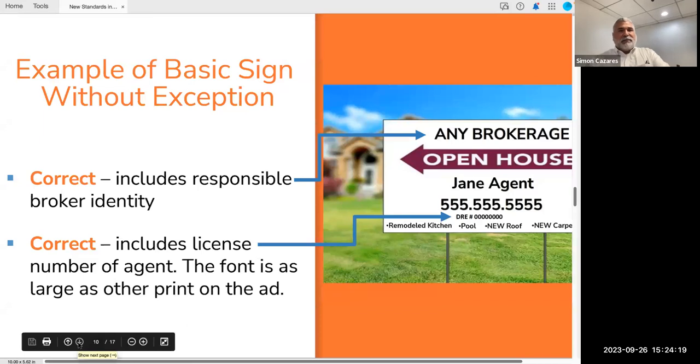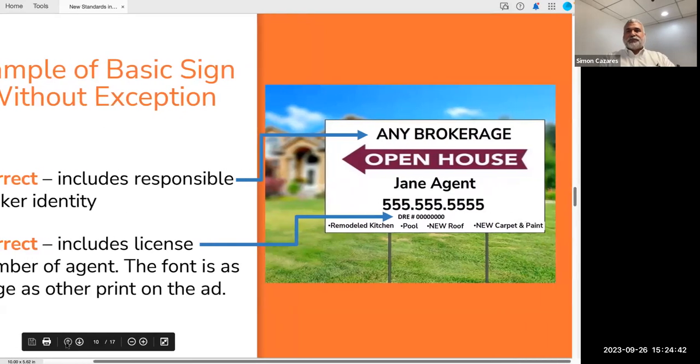All right, examples of basic signs without exceptions. This is correct. It includes the responsible broker ID or entity, right? If it has Keller Williams. It also is correct, it includes the license number of the agent. The font is as large as other print on the ad. So if you look at this example, any brokerage, open house, Jane agent, the phone number, and then just below it has the license number, the DRE.